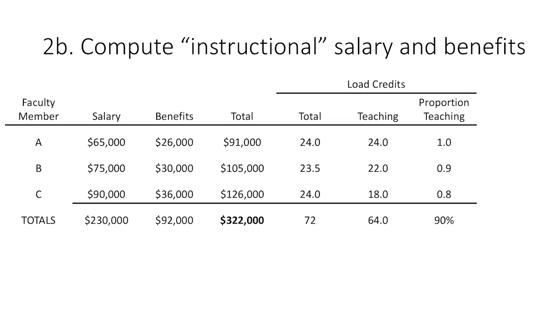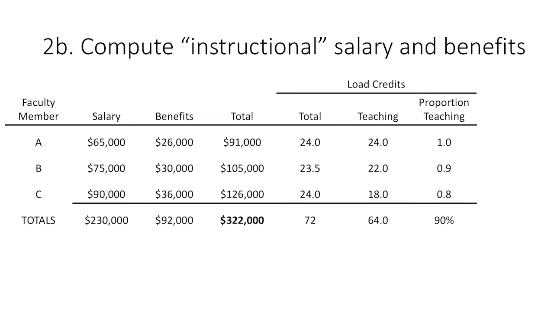For faculty member B, that person had 23 and a half load credits for the year. 22 load credits were in teaching assignments, and therefore faculty member B had 90% of his time spent teaching, or the proportion of teaching was 0.9 of the total load credit, 90% teaching.